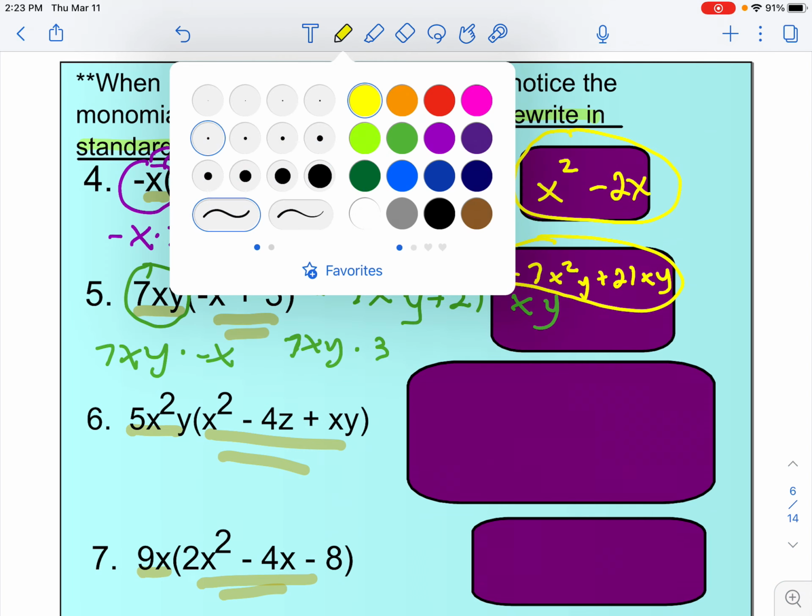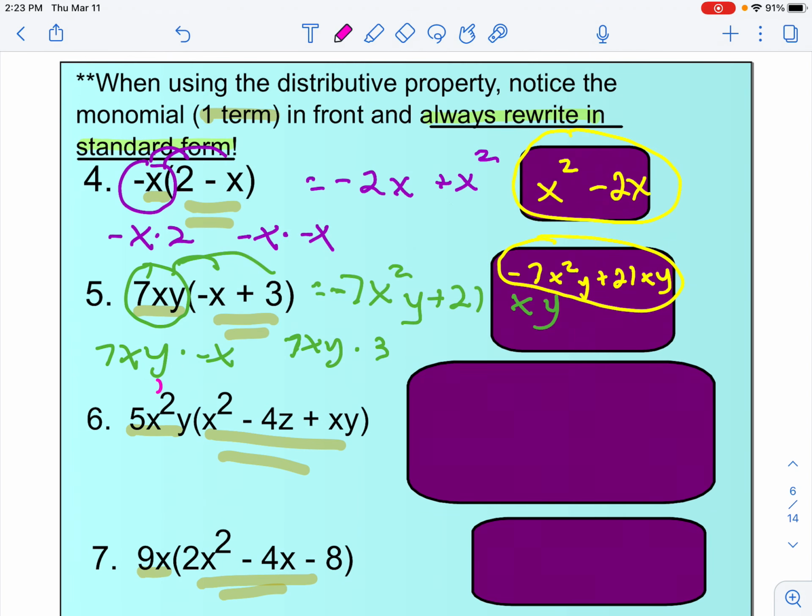All right, let's do this next one together. We are doing 5x squared y times y squared and times the middle term and the last term. And I really encourage you to write out what you're multiplying. You don't have to. Some of you are good at keeping track in your head, but 5x squared y times x squared is going to give us 5x to the 4th y.